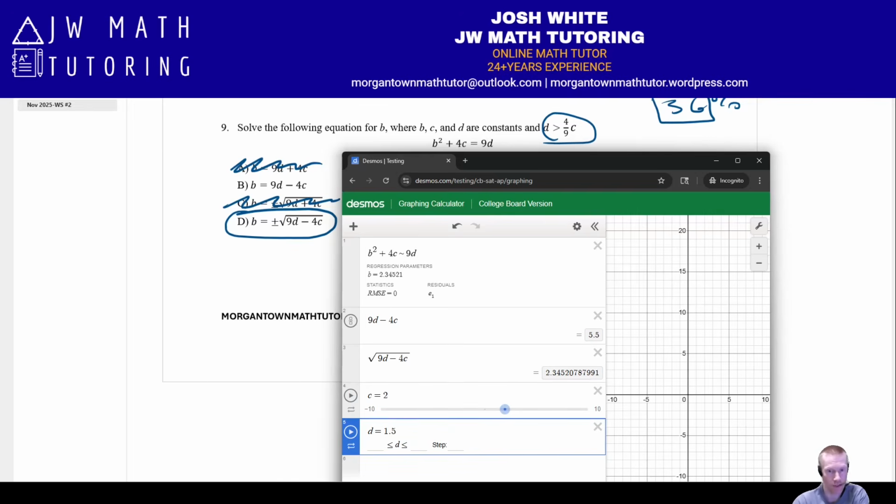Notice when I do this, now it gives me a different b value other than 1. It gives me this 2.34521. Now when I compare the answer choices, I can clearly see it has to be D. It's not going to be B. So sometimes on formula questions, if you're using Desmos to solve it, you might need to pick a number for one or more of the letters in the problem in order to distinguish between two or more of the answer choices.